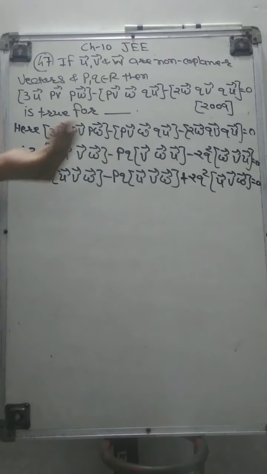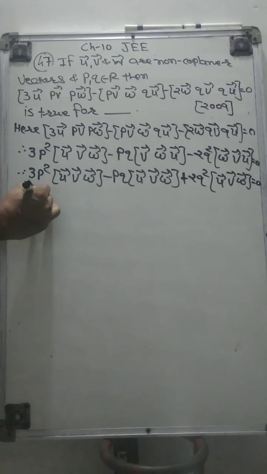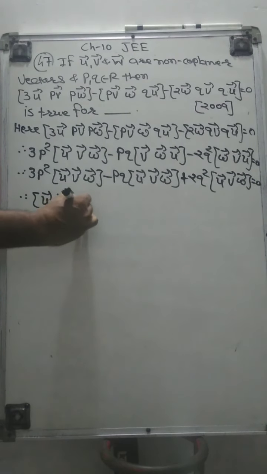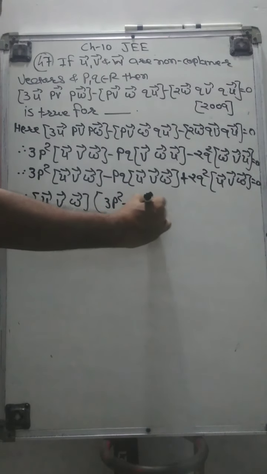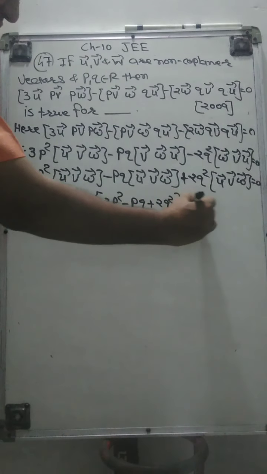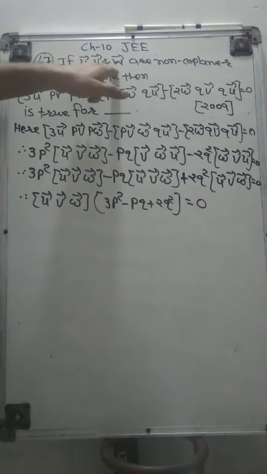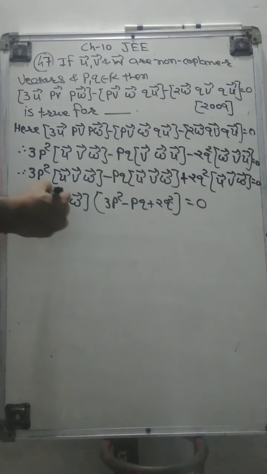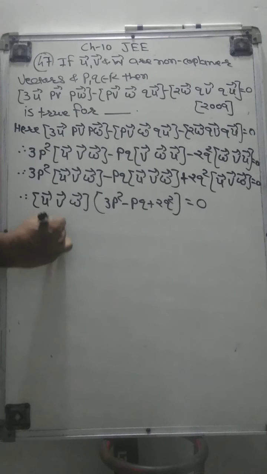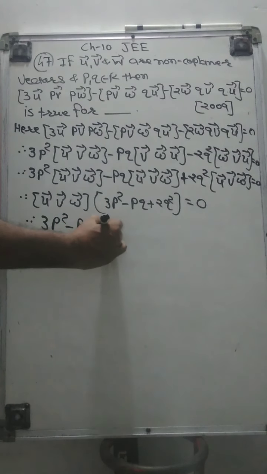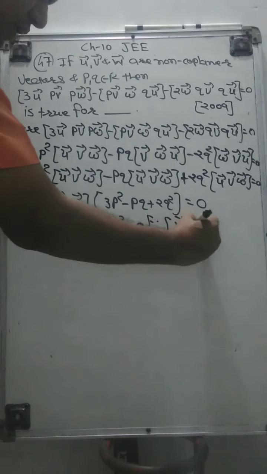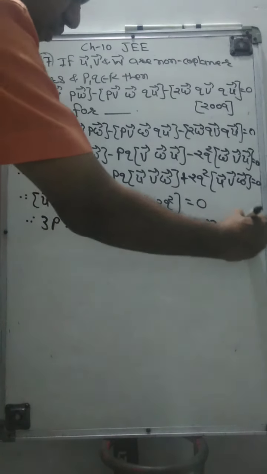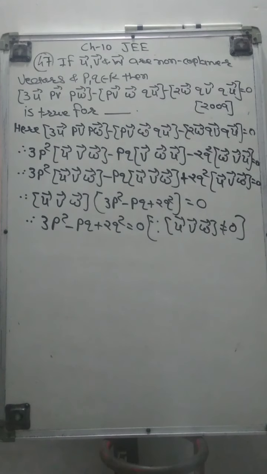Now we take this [U bar, V bar, W bar] common. So we have [U bar, V bar, W bar] times 3p square minus pq plus 2q square equal to 0. But since U bar, V bar, W bar are non-coplanar, the box is not equal to 0, so only 3p square minus pq plus 2q square equals 0.